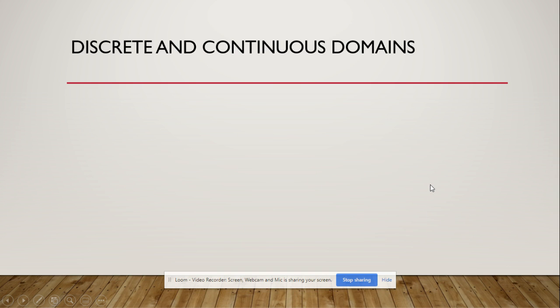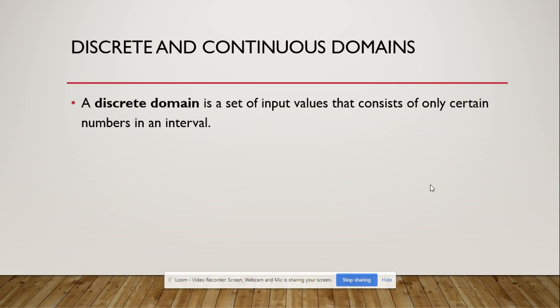All right, discrete and continuous. A discrete domain is a set of input values that consist of only certain numbers in the interval. So what we mean by that is not all numbers are going to work. If I'm talking about going out and buying basketballs, I would never buy 3/4 of a basketball. That doesn't make sense, and they're not going to sell it to me that way.